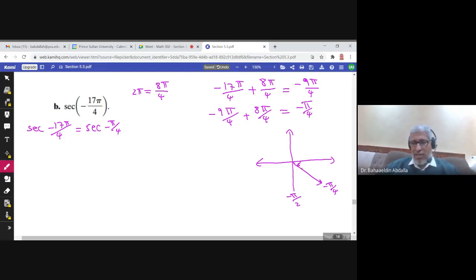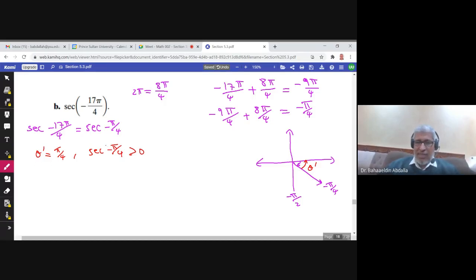Now, where is the reference angle? It is this angle in the positive direction. So theta prime is pi over 4. Well, we are in the fourth quadrant, so secant negative pi over 4 in the fourth quadrant would be positive, because secant is the reciprocal of cosine, and cosine in the fourth quadrant is positive.